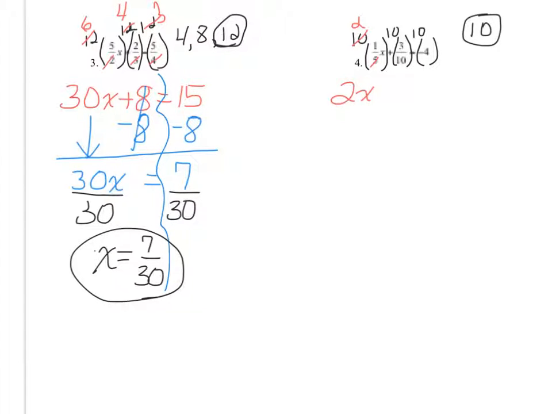Okay, then I have 10 goes into 10 once. 3 times 1 plus 3. Now this one isn't a fraction, so I'm just going to multiply 10 times -4 equals -40.